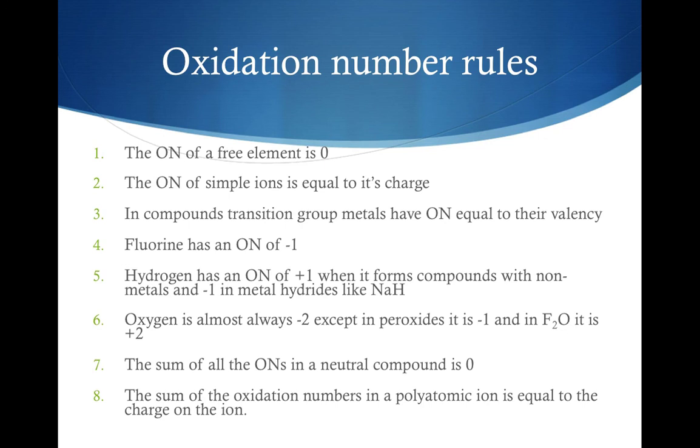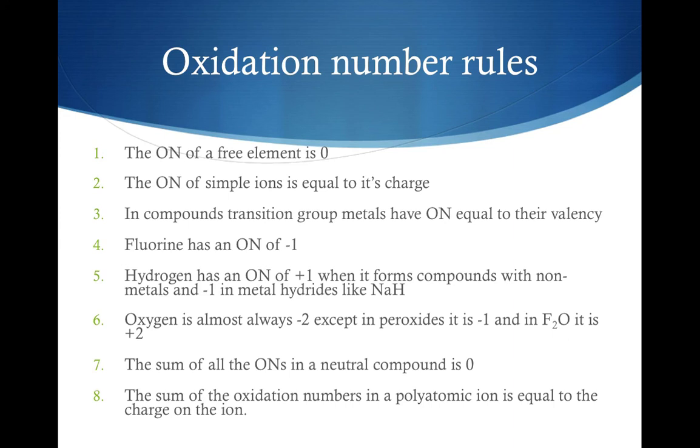If it's in a peroxide, and H2O2 is the only peroxide you're going to come across in VCE chemistry. So in a peroxide, its oxidation number is -1. And in F2O, because fluorine has to be -1, oxygen therefore has to be +2.